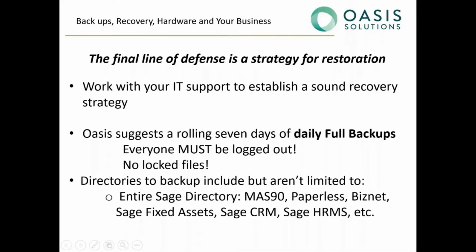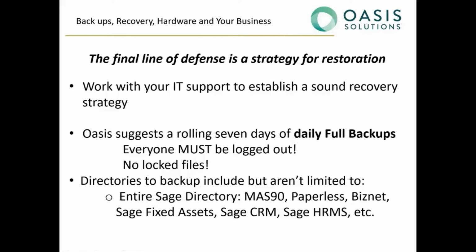With this plan, again, we suggest that you have a rolling 7 days of daily full backups. Again, not incremental backups, but full backups of that entire Mas 90 folder and any other folders that we've talked about in alternate directories or Paperless Office. Those backups need to be scheduled at a time when everyone is out of Sage 100.